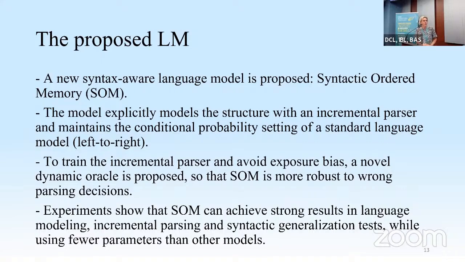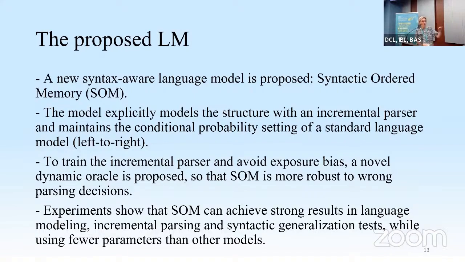Okay, it explicitly models the structure with an incremental parser. So we need a parser as well, not only a model, and it maintains a conditional probability from left to right. So it ensures that we go more or less with the standard parsers that we have for a language. They train an incremental parser and thus avoid bias.